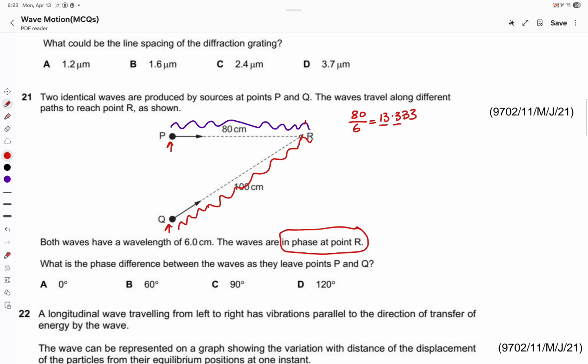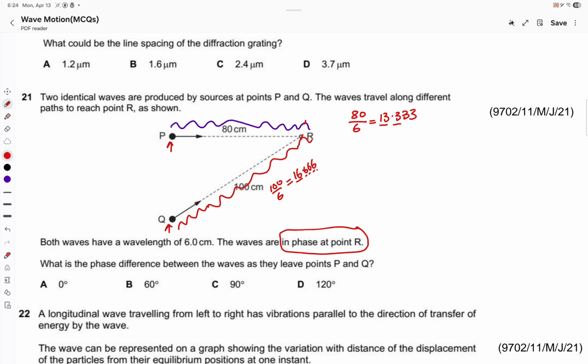Now, Q to R, a 100 cm distance has been traveled by a 6 centimeter wave. So 100 divided by 6, I'm getting 16.6666. It means 16 complete waves are there, and 0.666 is still remaining.